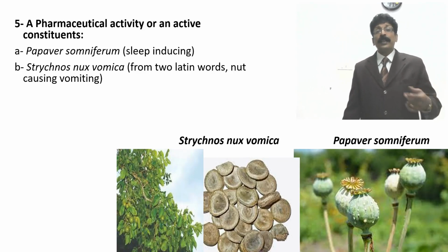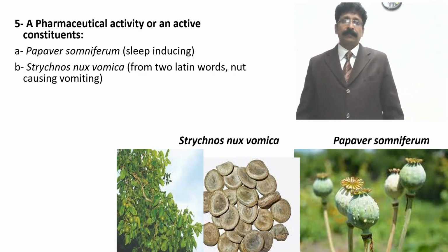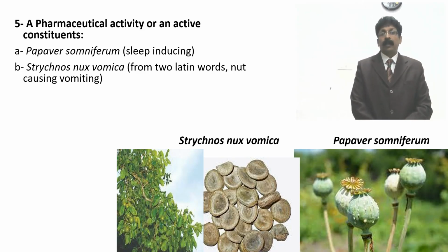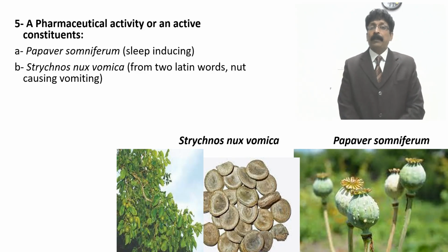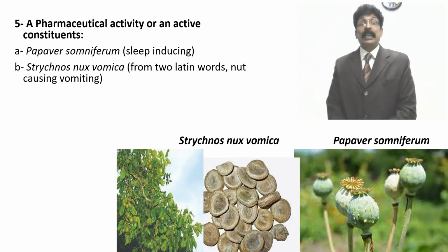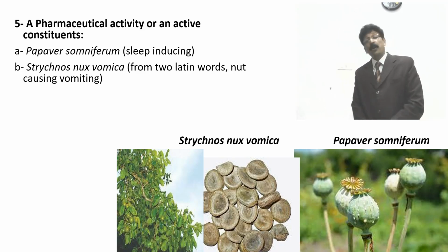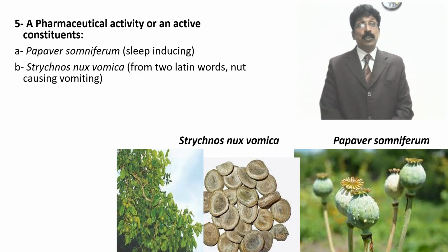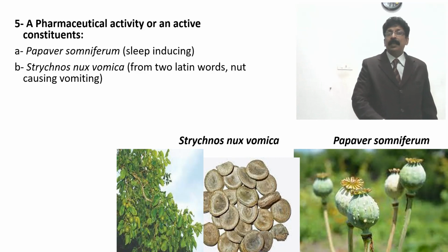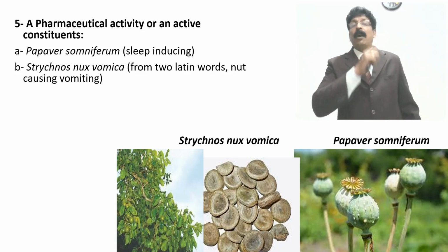This is the seed, and this is the plant with the fruit of Strychnos nux-vomica. So nux stands for nut, the seed which is taken, and vomica is vomit, which is the therapeutic action. Sleep inducing is also a therapeutic action. So the pharmaceutical action of the constituents present in the plants is also added in the name of the species. That's what we want to show here.